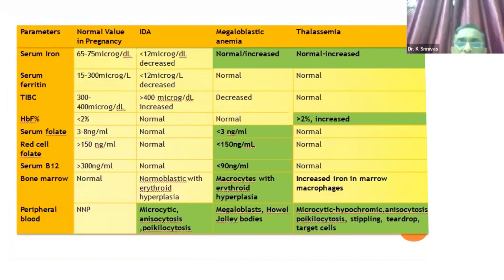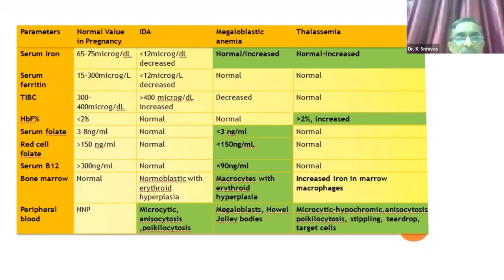If not iron deficiency, and if you find high ferritin, how do you find ferritin? Because of destruction of RBCs, the released hemoglobin releases iron into the pool, and the excess iron is stored as ferritin in the body. That is how in thalassemia or sickle cell anemia, you have higher levels of iron in the body in the form of ferritin, right?